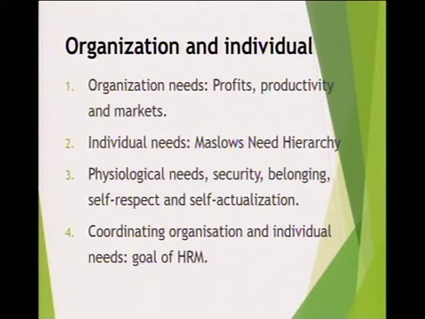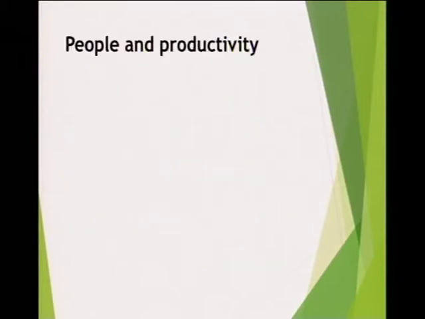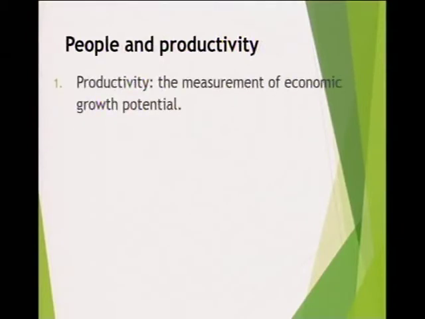HRM also says there is a need to coordinate the organization and individual workers to ensure that the goals of HRM and the objectives of the organization are realized. They can only be realized if there is some coordination, some understanding, some link between individual effort and organizational effort. So HRM insists on mutuality, a mutual relationship.